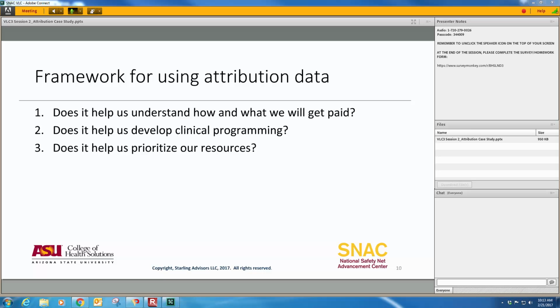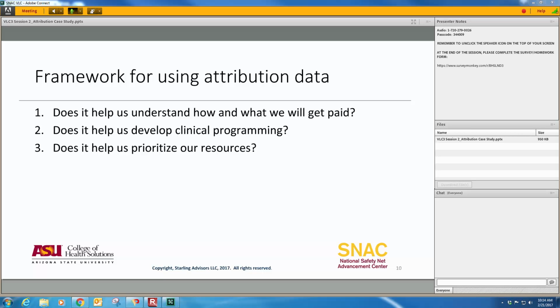So if, for example, we're operating under a primary care capitation payment, which means we receive a monthly payment for each patient to provide care for that month, well then certainly attribution data is critical in understanding what we're going to get paid. We need a list and a number of patients to justify the money coming in to the organization. That's one example.